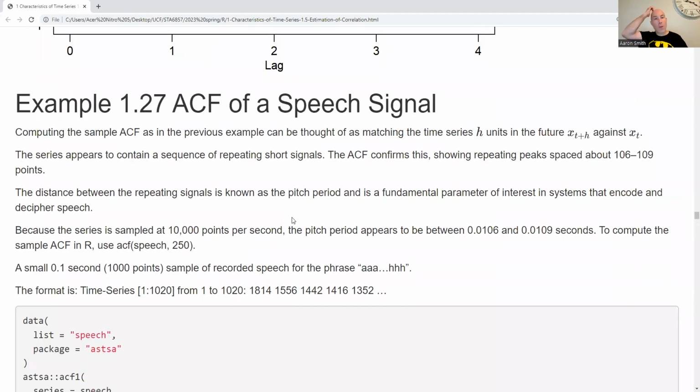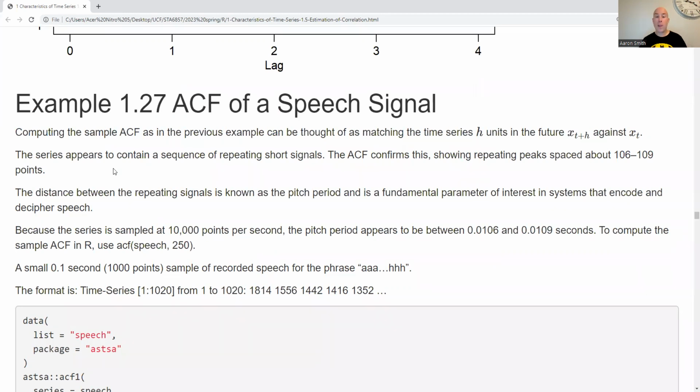All right, so now let's look at the autocorrelation of a speech signal. We're going to compute the autocorrelation function from an example you looked at previously, where we take our time series and look at the autocorrelation with h units into the future.